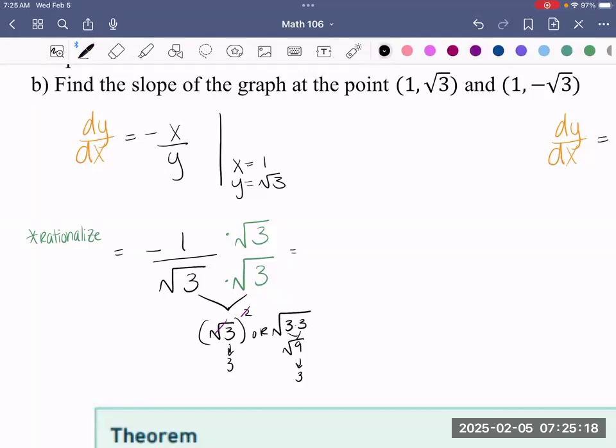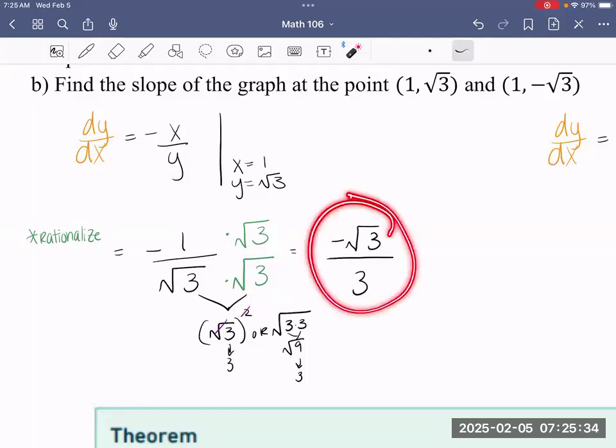So rationalizing, once you multiply your denominator by itself, it comes up with itself. So you get a 3 on the bottom. Now up top, we just need to simplify. So we get negative square root of 3. This is the slope, negative root 3 over 3 at the particular point of 1, root 3.